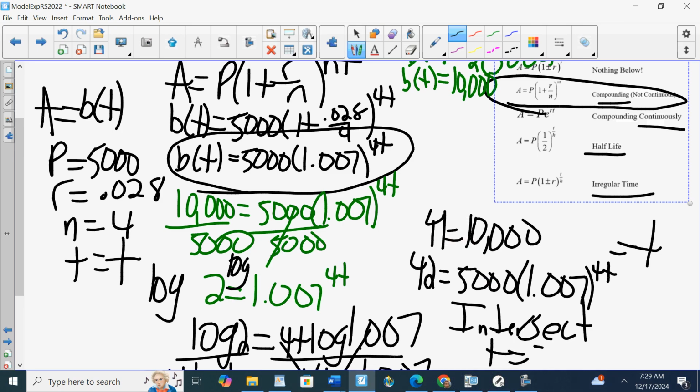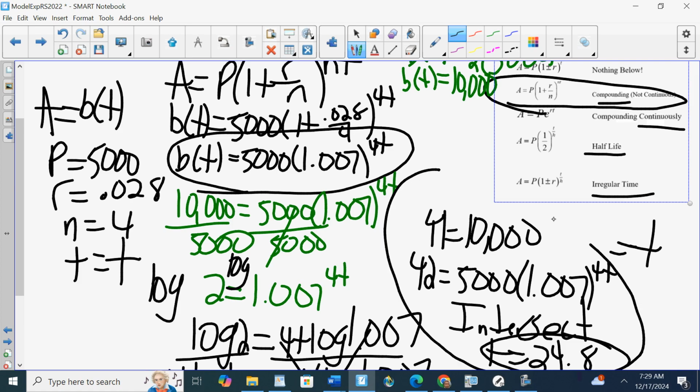You may or may not get full credit for that, depending on if it says to do it algebraically. That's not my go-to, but I want you to know all the different options you have. Again, to solve any equation, you could always use your y1 and y2 intersect, and this is the work you would need to show if you're doing that.